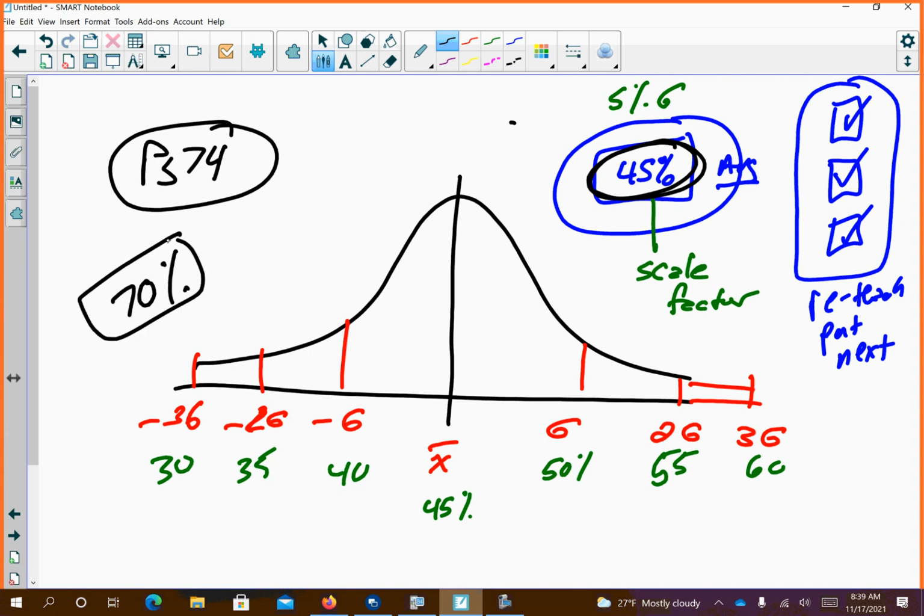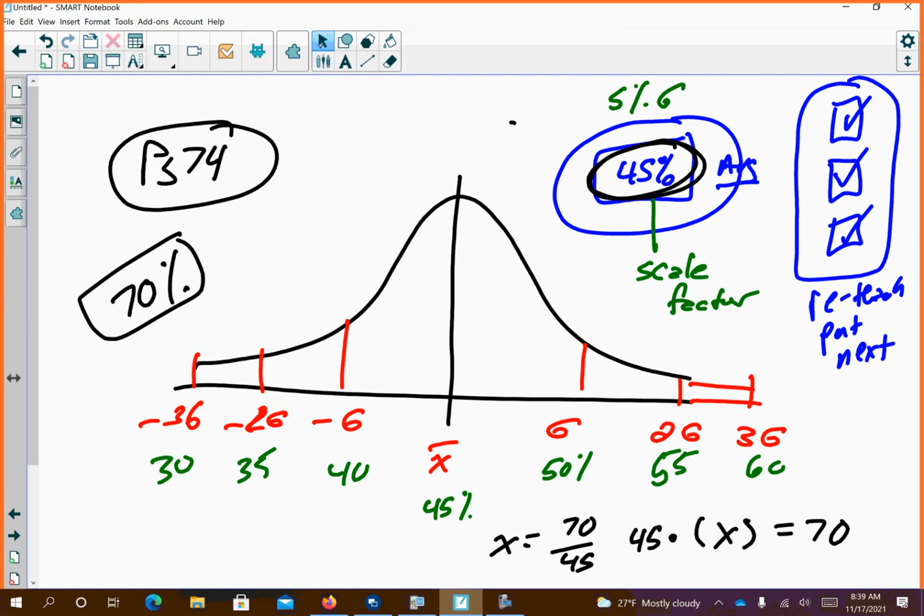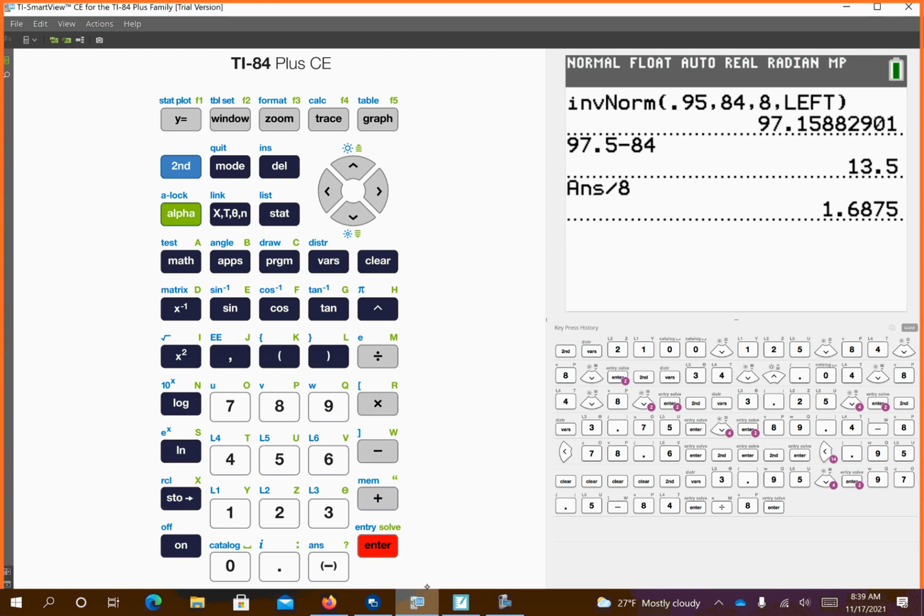Okay? So what I have to do is multiply 45 times some number to get to 70. Okay? And then what I could do is say, well, I'm going to multiply everything by 70 over 45. And 70 over 45, my calculator will come up. 70 divided by 45 comes out to 1.6, rounded to one decimal.